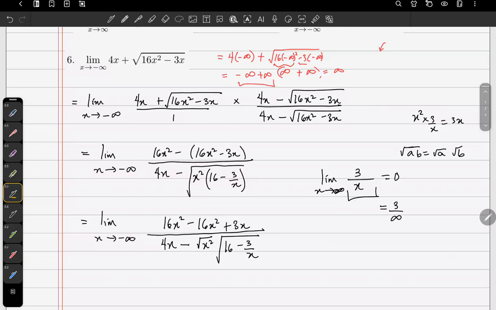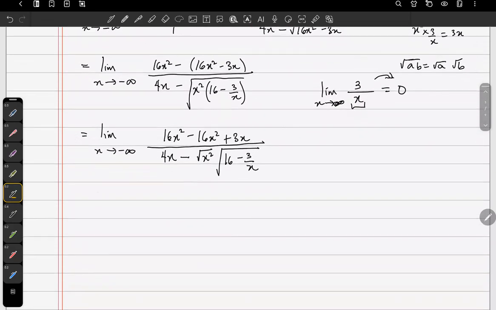That is the simple answer to that question. So I try to advise people not to write this as 3 over infinity before writing 0. Just write 0. So we know that 3 over x, as x is getting bigger and bigger, will be going to 0.